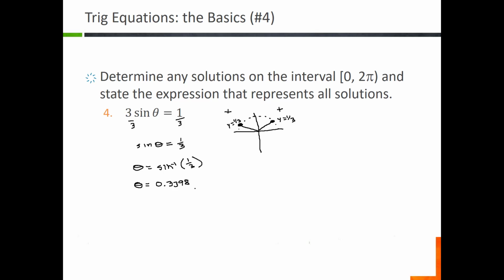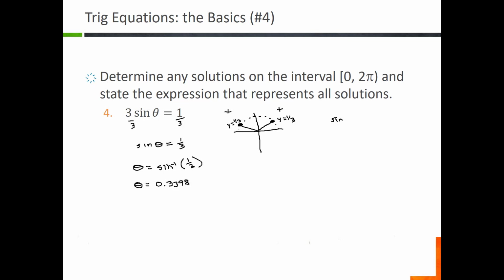Now here's the thing. How many solutions are there supposed to be? There's supposed to be two, one in the first and one in the second quadrant. But when you do inverse sine, remember, it's only going to give you an answer in the first or the fourth quadrant.